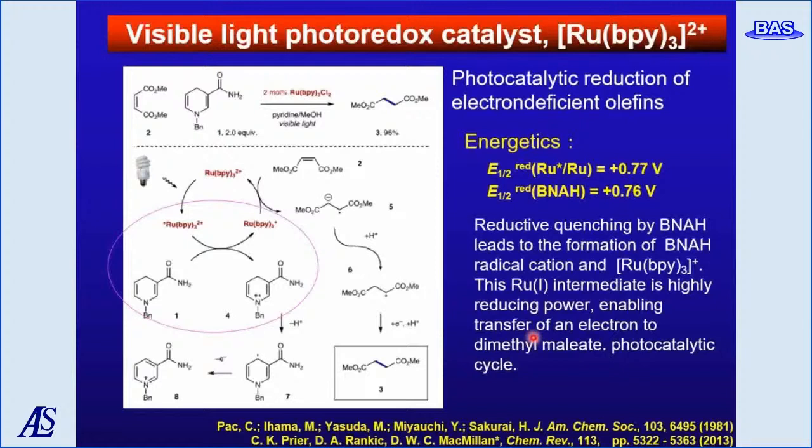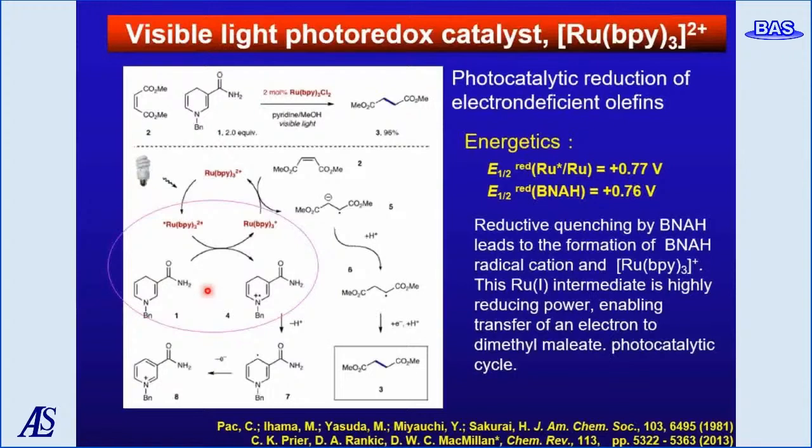One example of a reaction using Ru(bpy)3 as a photoredox catalyst is shown here. It is the photoreduction of methyl malonate with BNAH, a well-known model compound of NADH in living organisms. In this reaction, when Ru(bpy)3 is photoexcited, ruthenium is reduced to the monovalent cation by reductive quenching by BNAH.